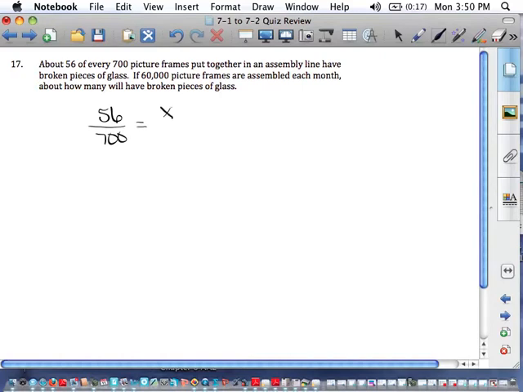So how many of the 60,000 picture frames produced will have broken glass? When you cross multiply, you should get that X is equal to 4,800 picture frames with broken glass.